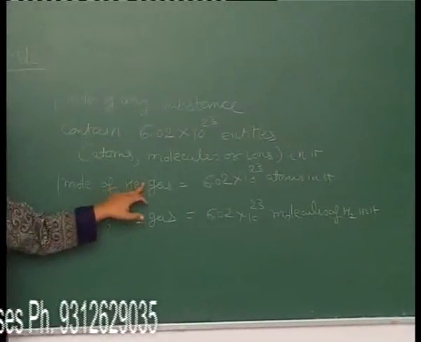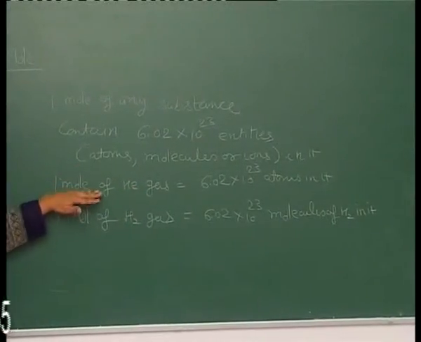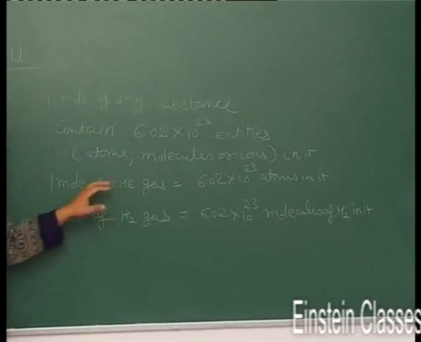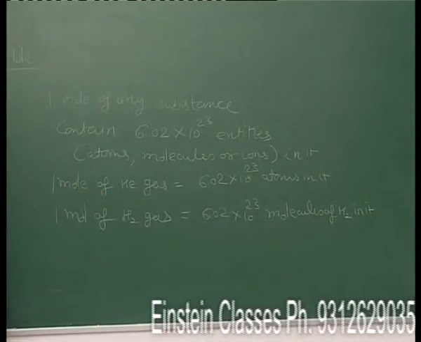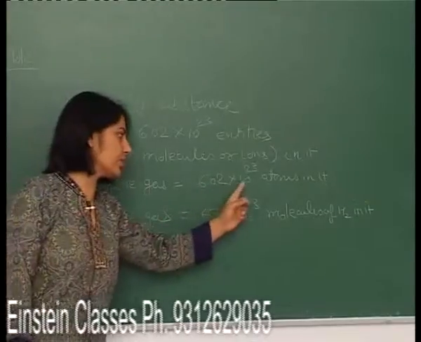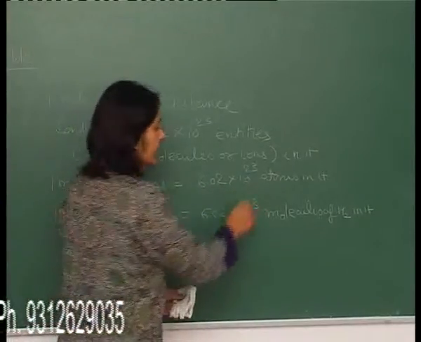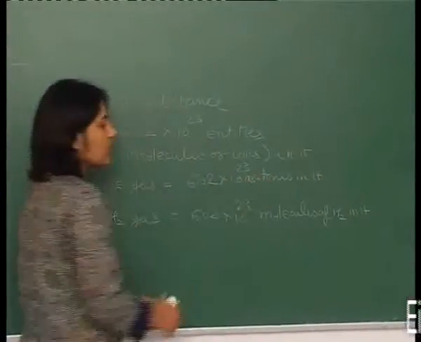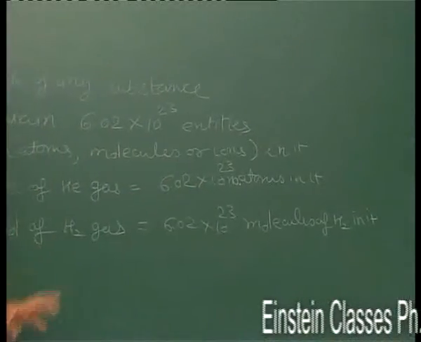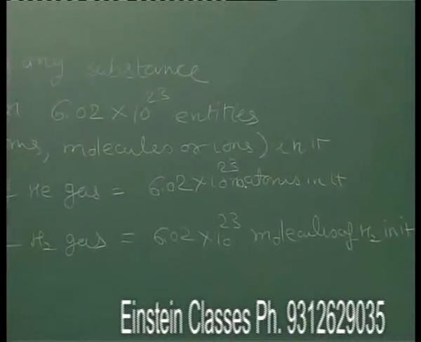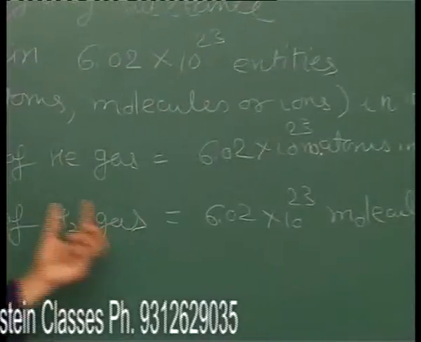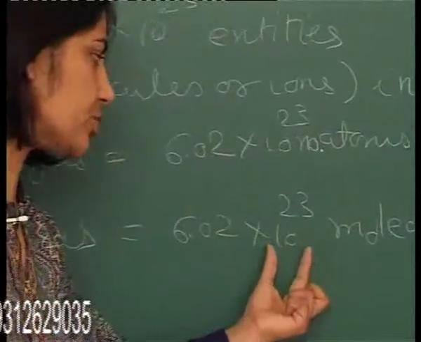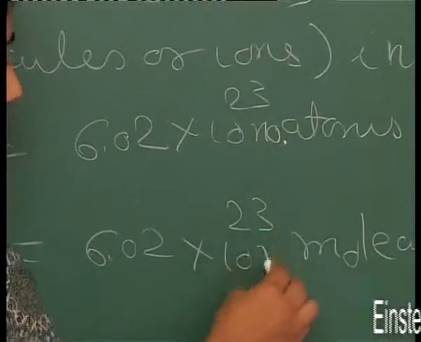If in a container it is helium, now helium, we know that it's an atom. If in a container we take 1 mole of atoms, then what is the number of atoms? It means 6.02 into 10 raised to power 23 number of atoms in it. If in a container there are molecules and it is 1 mole, it means 6.02 10 raised to power 23 number of molecules.